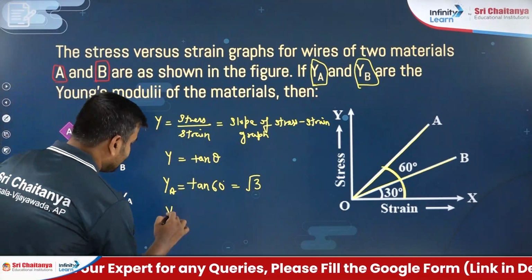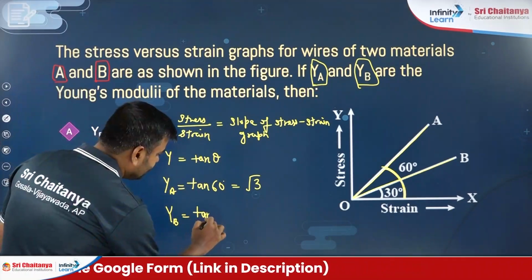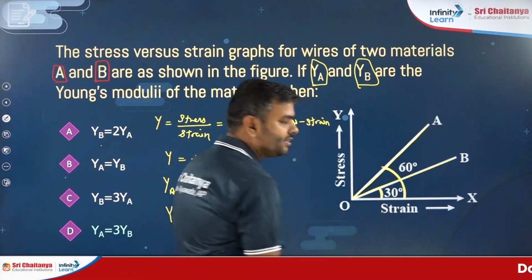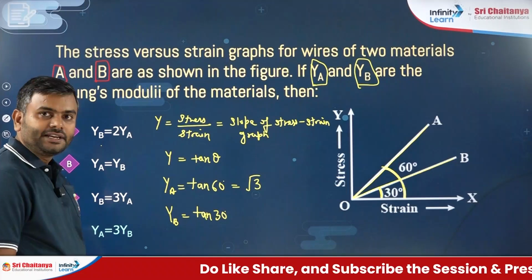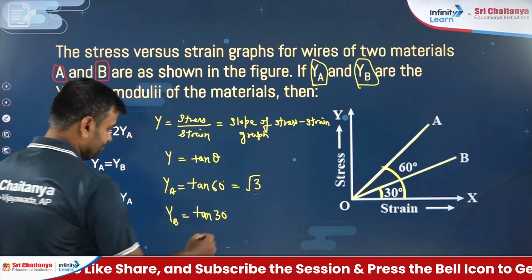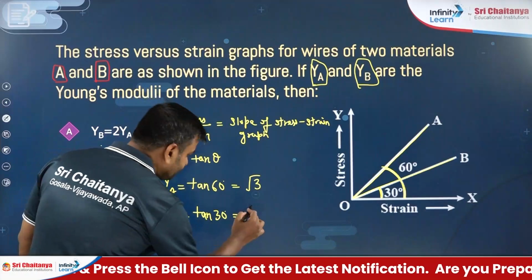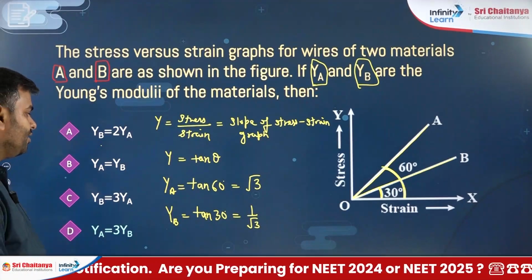And YB is equal to tan 30 degrees, because here the angle is 30 degrees. The curve B is making an angle of 30 degrees with respect to the strain axis. So this will be equal to 1 by root 3.